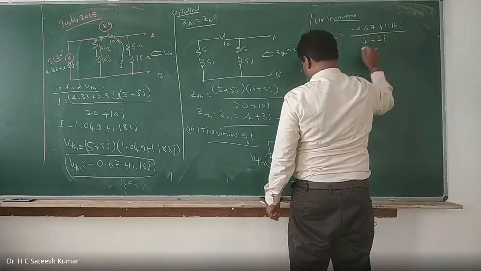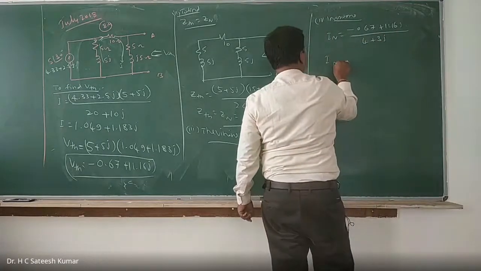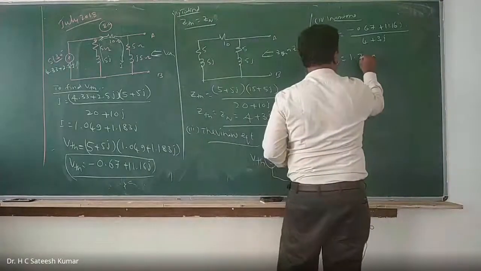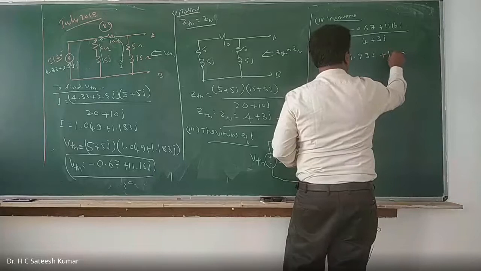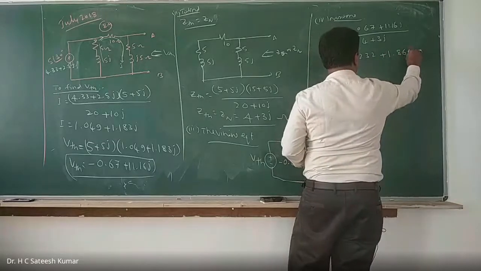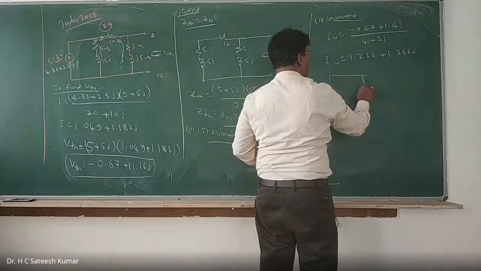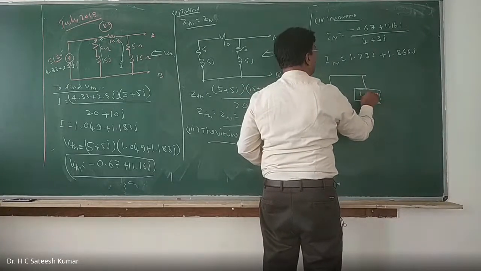Is that not, madam? 1.232 plus 1.866J. So therefore, a current source in parallel with an impedance, you will get it. That impedance is 4 plus 3J only.